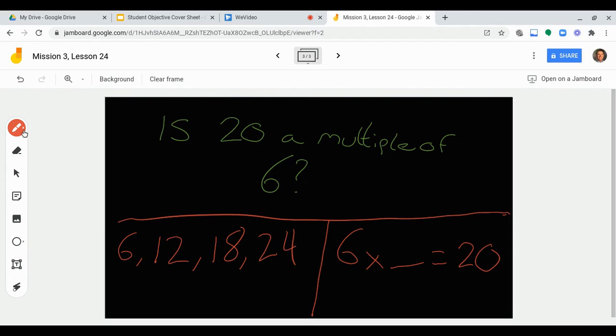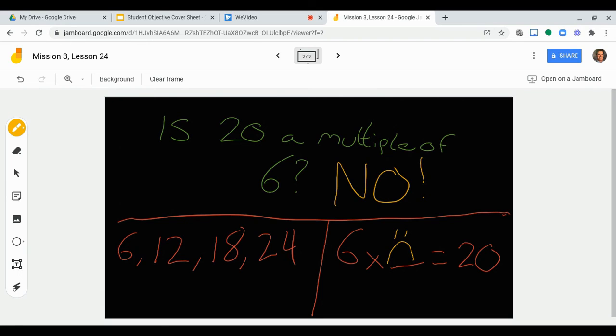There is no number I can multiply by 6 to get 20. There is none. So that tells us that 20 is not a multiple of 6.